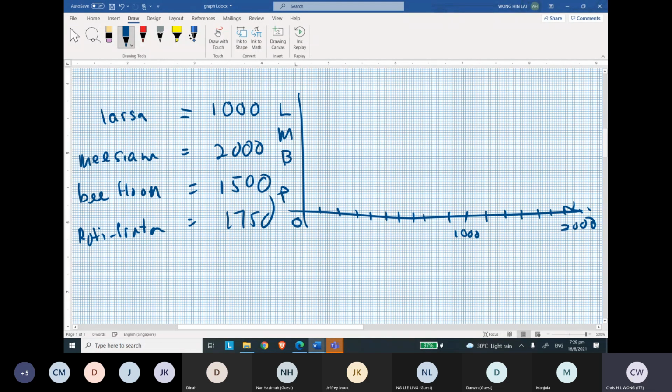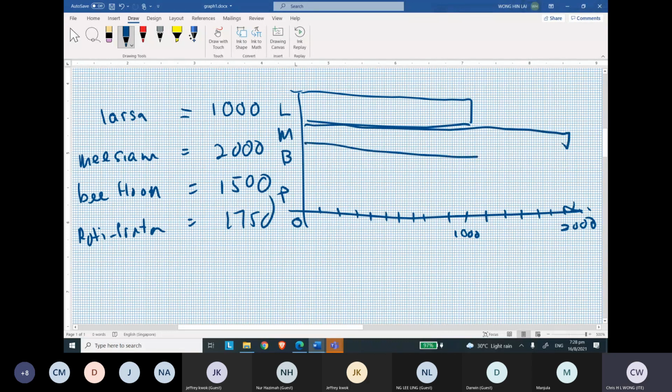Your laksa is 1,000, so your laksa is here. Your mee siam is 2,000, here. And then your bihun is 1,500, until around here. And then your roti prata 1,750 is represented around here.